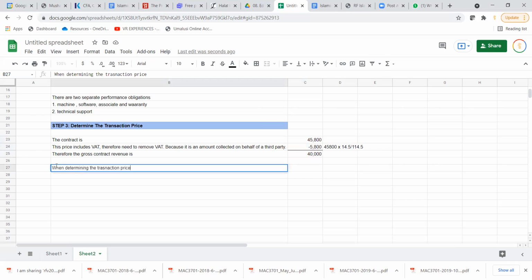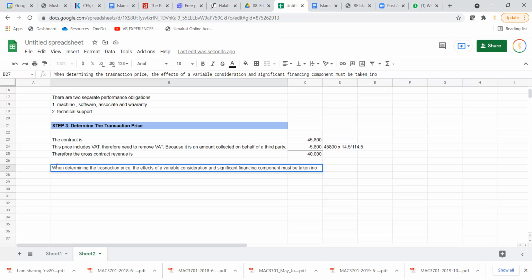so when determining the transaction price, the effects of a variable consideration and significant financing component must be taken into account.